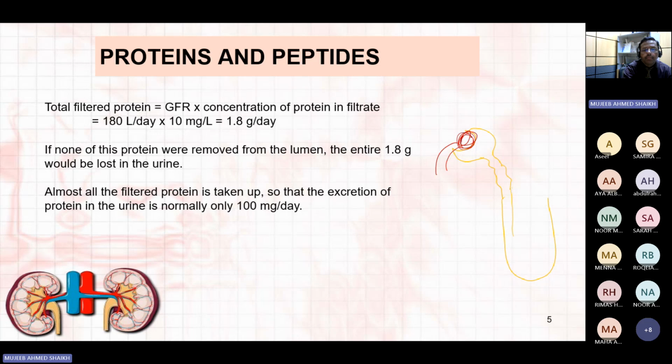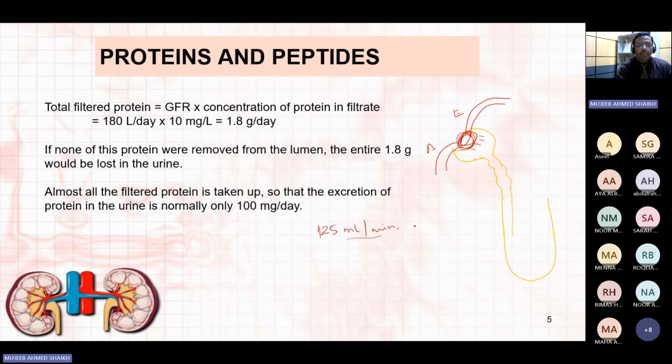These are the capillary ball, afferent and efferent arteriole. So at a normal GFR, what is the normal GFR? 125 ml per minute is the normal GFR, or this fluid is filtered.